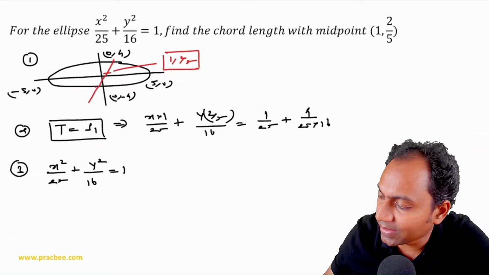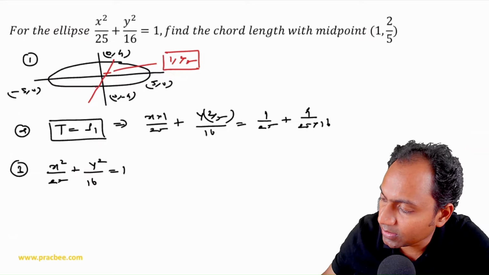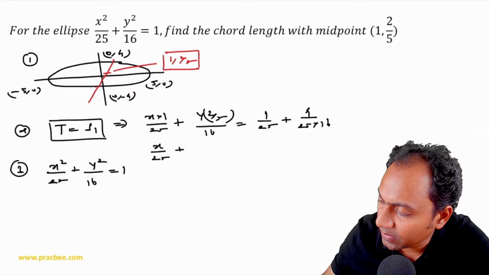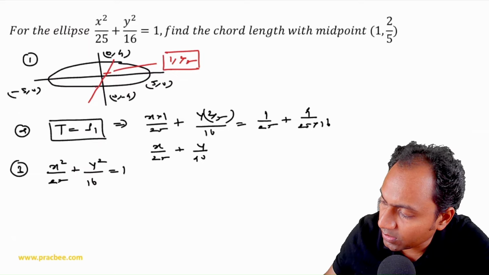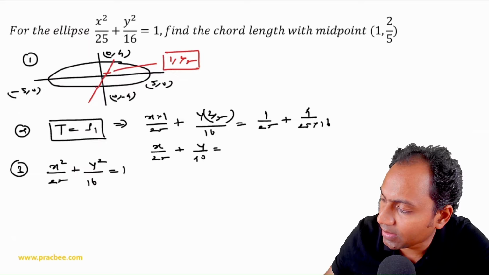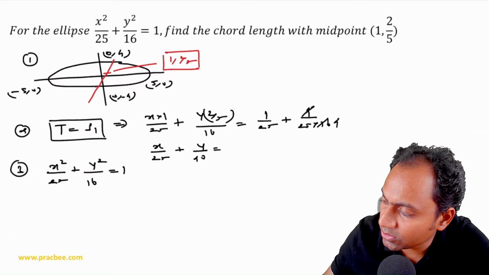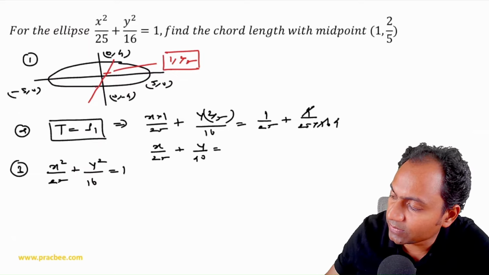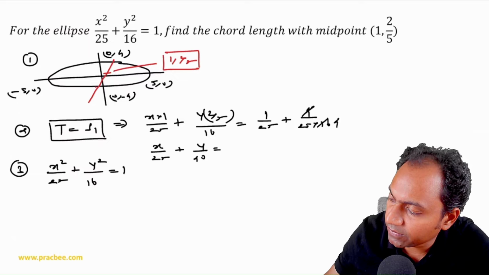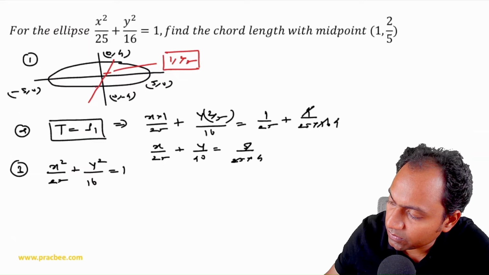And if you simplify, this equation comes out to be nothing but x by 25 plus y by 8 into 5 is 40. And again, if I cancel this out, this is 4. So this becomes nothing but 5 by 25 into 4. So it becomes nothing but 1 by 20.